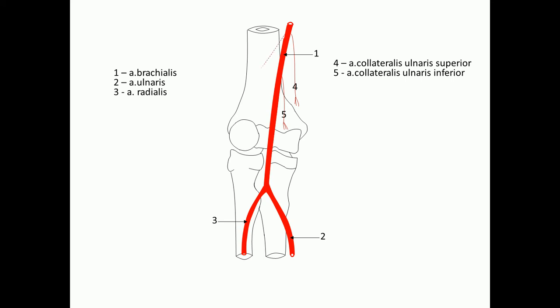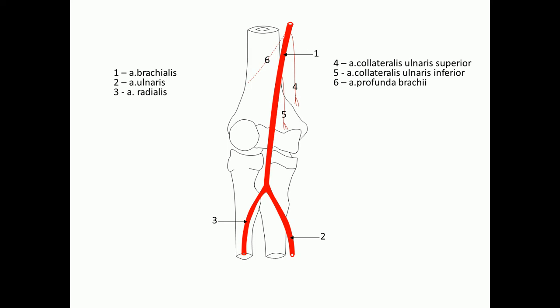And now, the third vessel, number 6, I designated arteria profunda brachii. It's understandable why we use a dotted line, because arteria profunda brachii goes posteriorly to the bone.